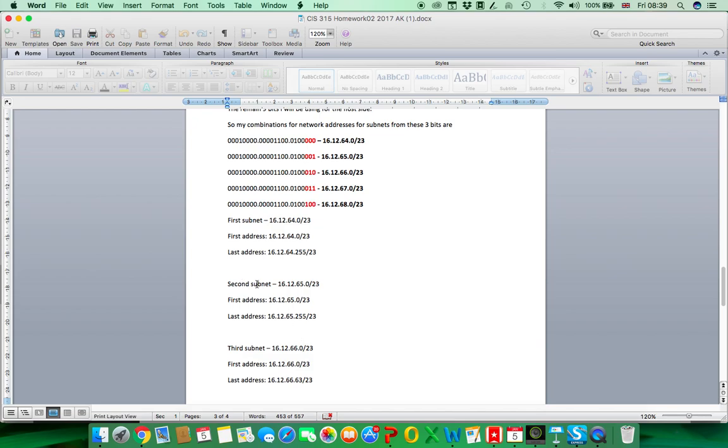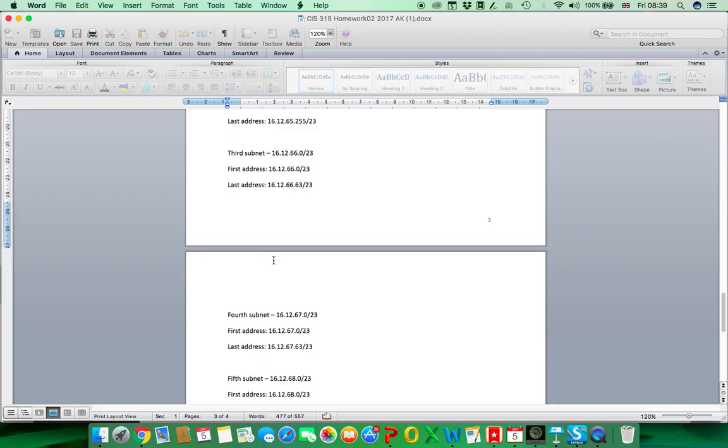You have the second subnet, which is, now remember, you've already used all the hosts in subnet 64. So you cannot go on using 64 again. You're going to have to use another subnet. So in this case, you're using 65. First address .0, last address .255.